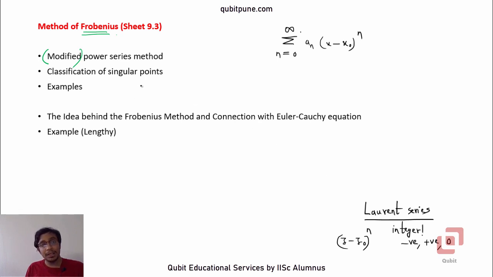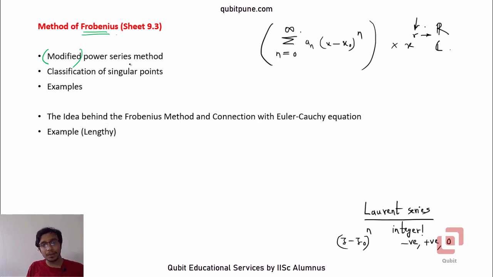But in the modified power series method, we multiply the entire power series by some power of x, where this r can be any real number or even a complex number. So the powers no longer remain non-negative integers. They can even be fractional depending on what you choose r to be.